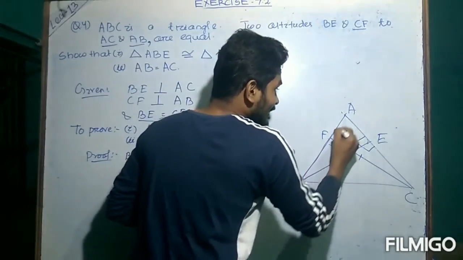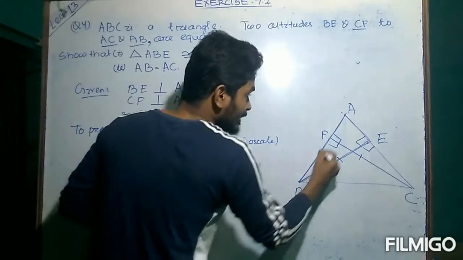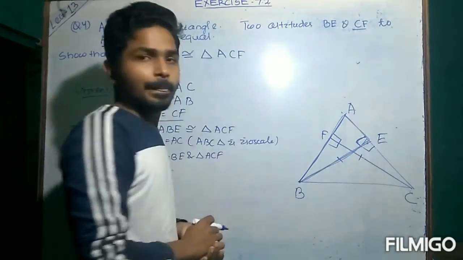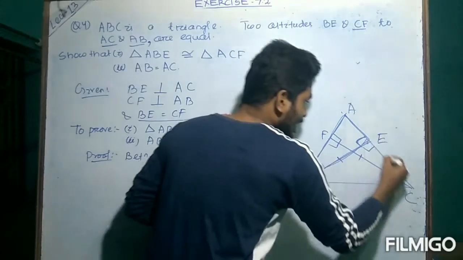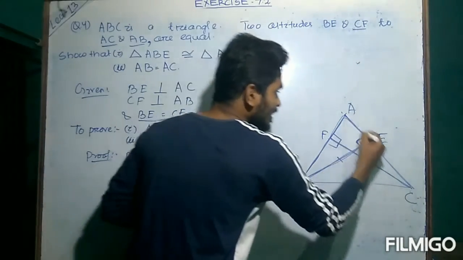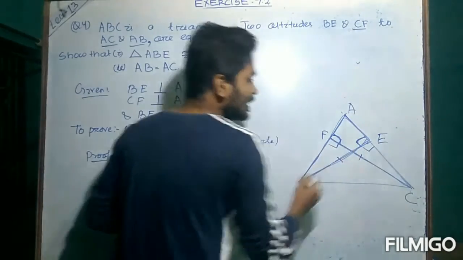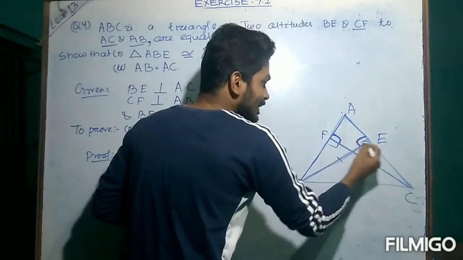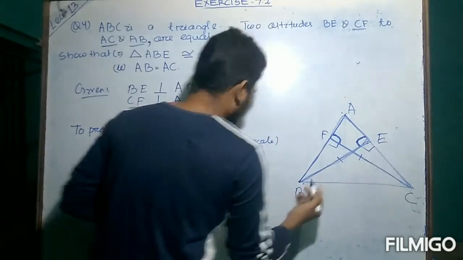See, if we take this triangle ABE, then in this triangle this angle is 90 degrees. Similarly, if we take this triangle ACF, in this triangle this angle is also 90 degrees. So this angle 90, this angle 90. This angle means AEB.